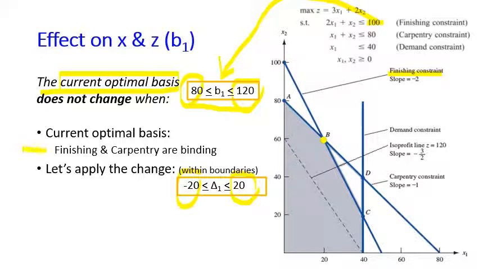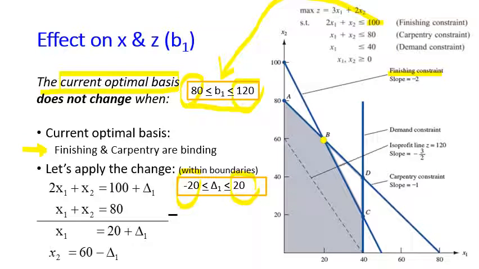Now let's go back to this fact that both are binding. So this is the finishing constraint, this is the carpentry constraint. Now what you do is you put this change on the right hand side of the finishing. So originally it is just 100, now you say 100 plus delta 1, where delta 1 must be between minus 20 and plus 20.